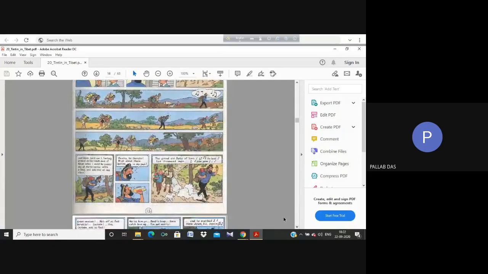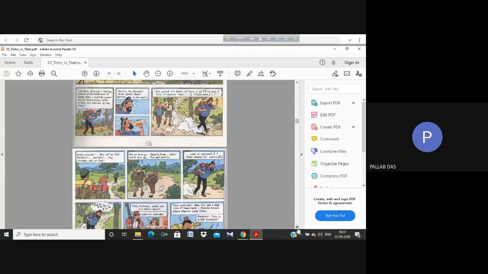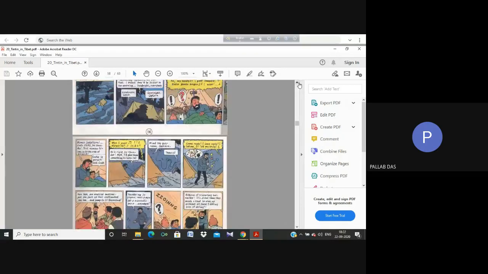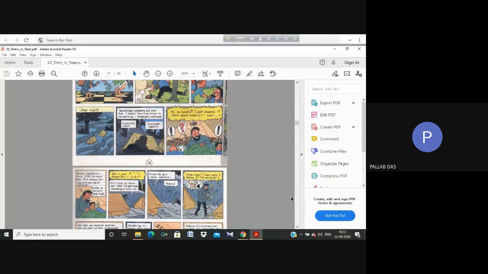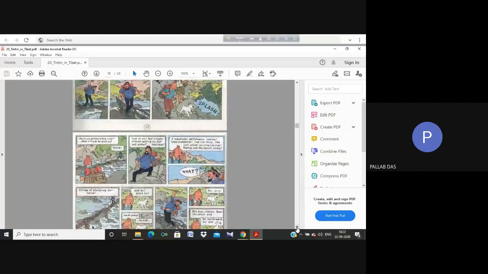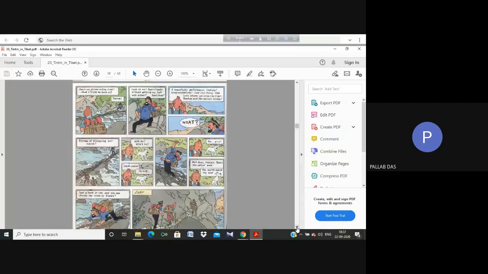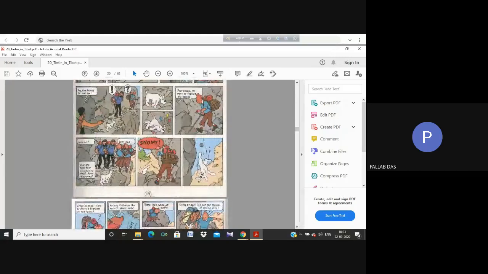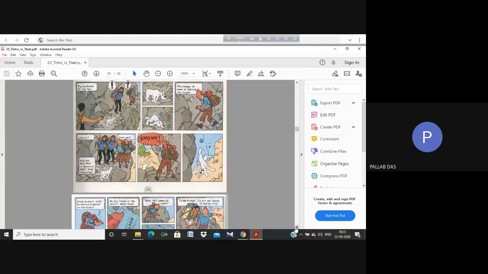Suddenly here also we find where Snowy falls in the river. There also it was very much a struggle for Tintin to save him. Then this part comes, the rocky mountain, the slick roads. They have to cross this.